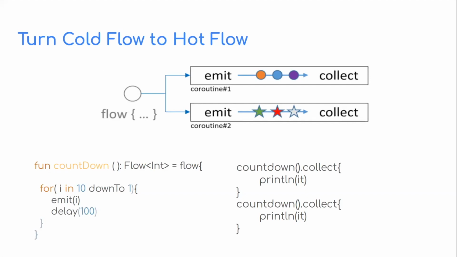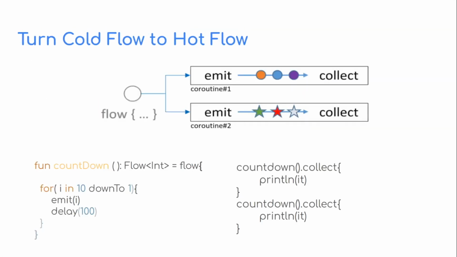That means the database will be accessed twice, and that can lead to wasting resources and the user's battery. So in our daily operation, we want hot flows. Hot flows are flows that produce data even when there are no consumers consuming our data.